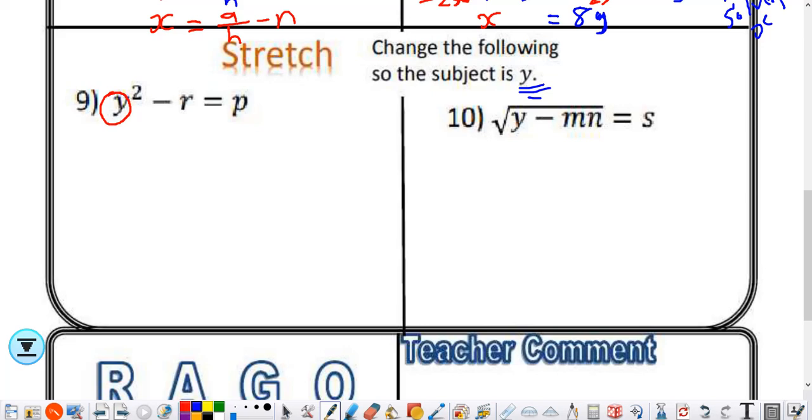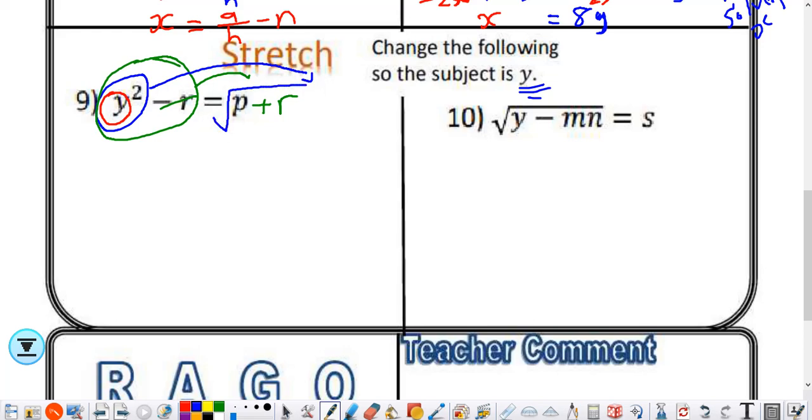I'm only interested in y. What happens to y first? It's being squared, and then I'm subtracting r. So if I try and go backwards, I'm going to take the r over this side and do the inverse. So I'm going to add it, plus r. That's now gone. I'm going to take the square over this side and do the inverse, which is a square root.